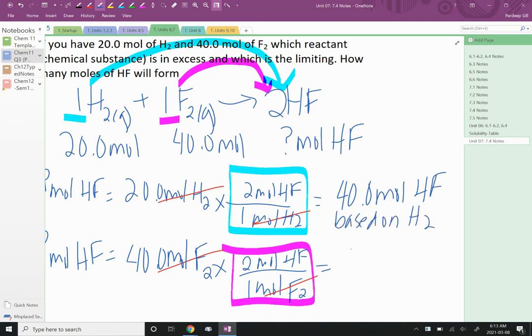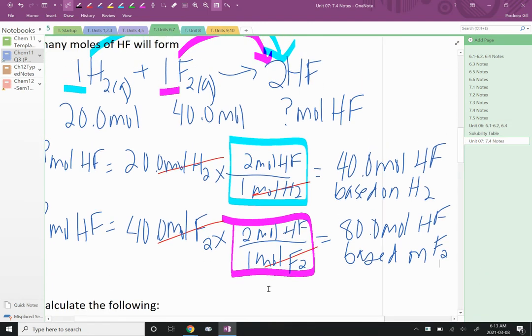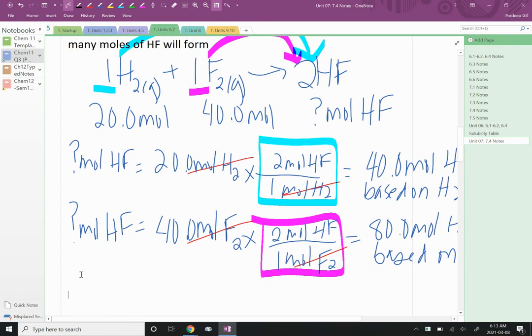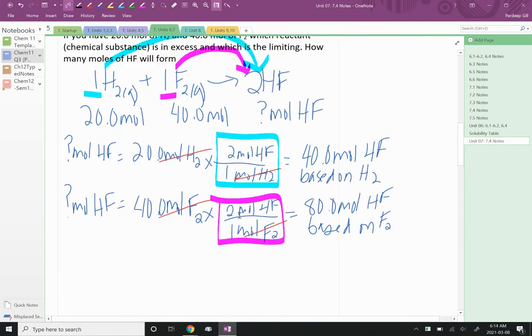And then here we're going to get 80.0 moles of HF based on F2. Now F2 produced more product, so that's going to be our excess reactant, and hydrogen produced the lesser amount of product, so hydrogen will be the limiting reactant.